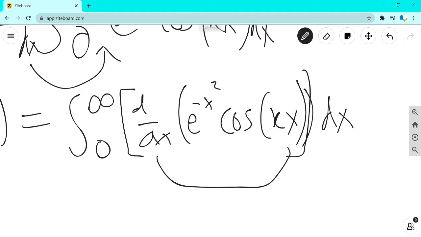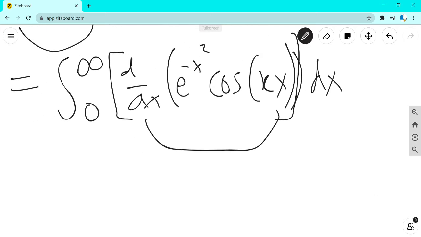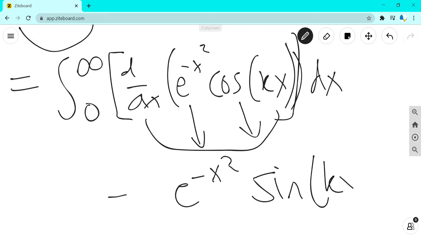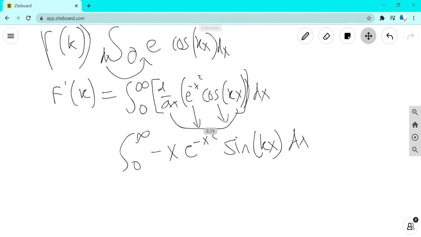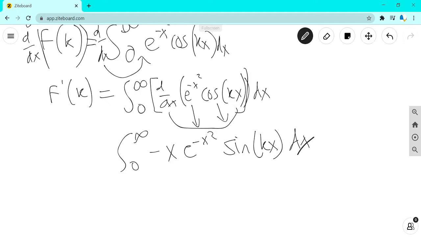The derivative of e to the negative x squared is e to the negative x squared, because x is just a constant this time, and the derivative of cos of kx will be negative sine of kx. And because x is our constant, we put the x right here. So that's the integral from infinity to 0 of that dx. This is a good start.